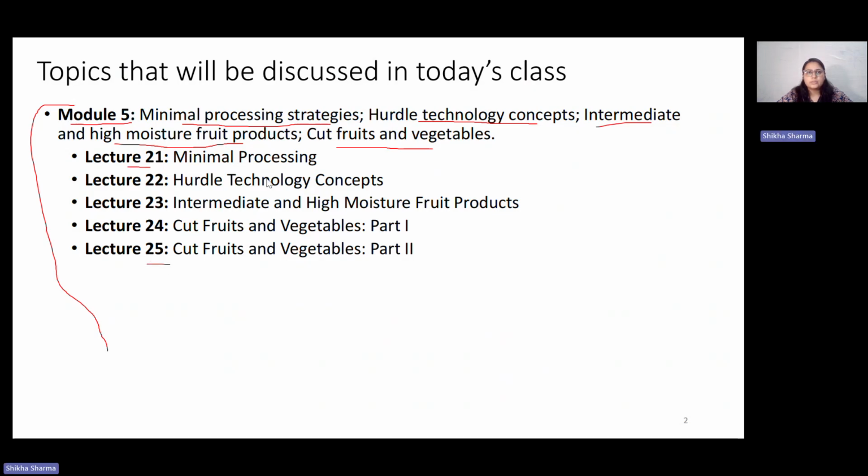Lecture 21 is mostly focused on minimal processing. Then lecture 22 is focused on hurdle technology concept, and lecture 23 is about intermediate and high moisture fruit products. And the last two lectures, lecture 24 and 25, are mostly dedicated to the cut fruits and vegetables. I hope you have gone through all these lecture videos from H.N. Mishra sir's lectures.